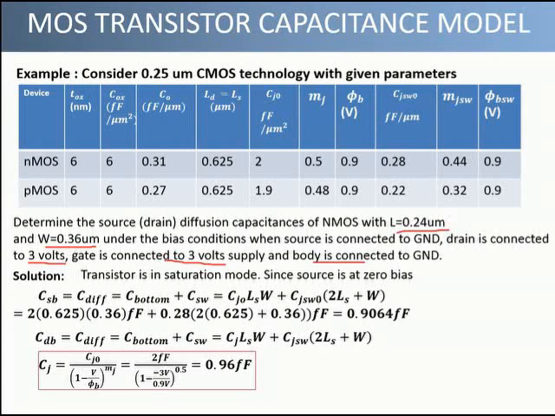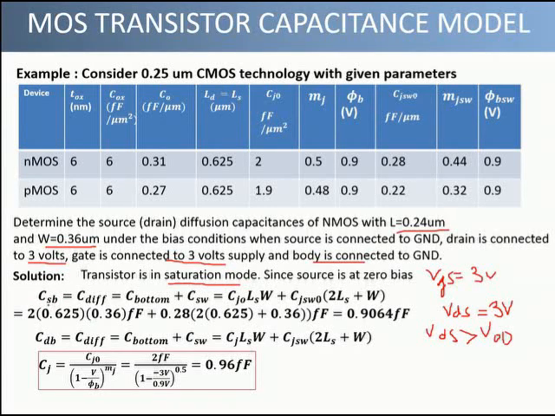So this is a constant bias condition for calculation of diffusion capacitance. For this situation, the gate to source voltage is equal to 3 volt, the drain to source voltage is 3 volt, and we see that the drain to source voltage is greater than the overdrive voltage. So for this particular biasing condition, the NMOS transistor is in saturation mode.